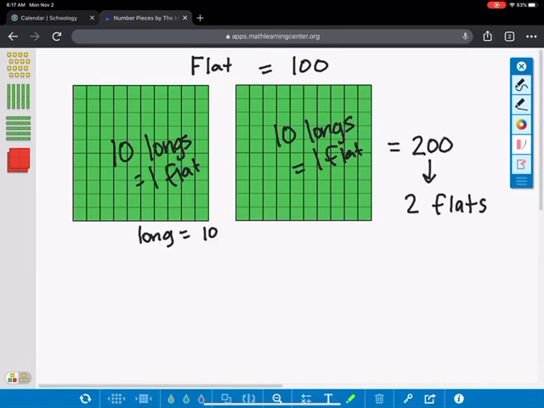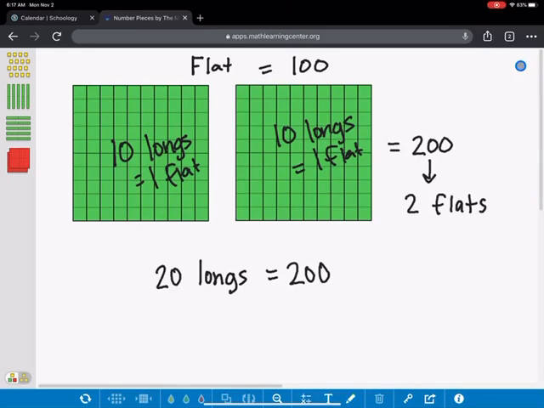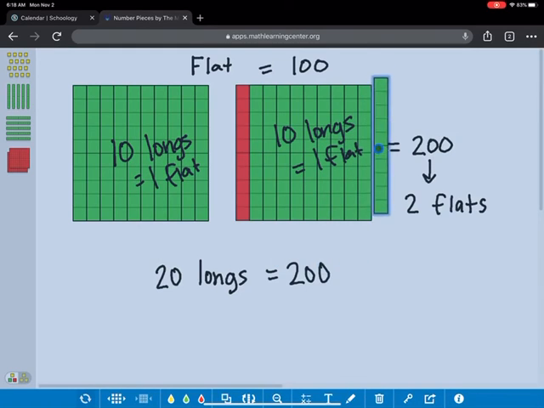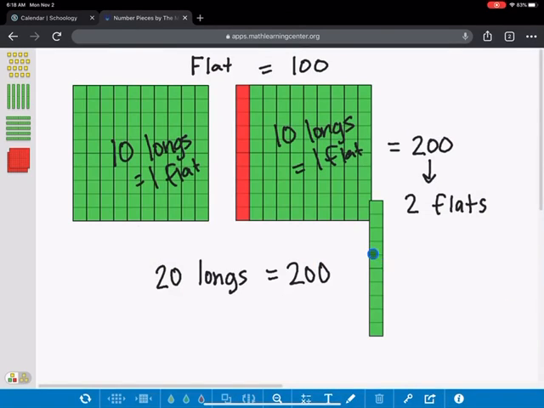So we've got 20 longs, which we now know is the same as 200. Okay, do we see that each of these longs are smaller than the flat, and so it takes 20 longs to make 2 flats?